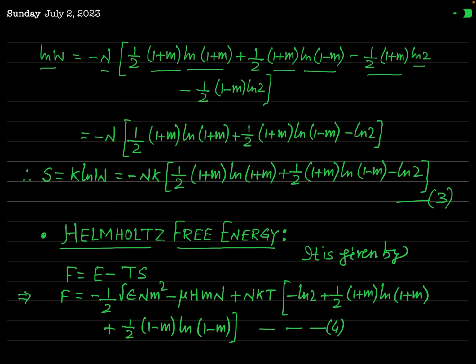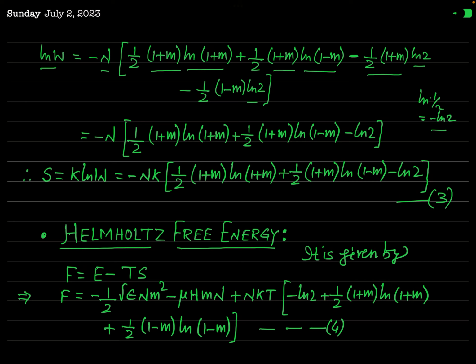Although in our expression there was log 1 by 2, you know this is equal to minus log 2. So here I have used the minus sign, and log 1 by 2 has been replaced by minus log 2. Similarly, here you can write minus 1 by 2 times 1 minus m log 2.